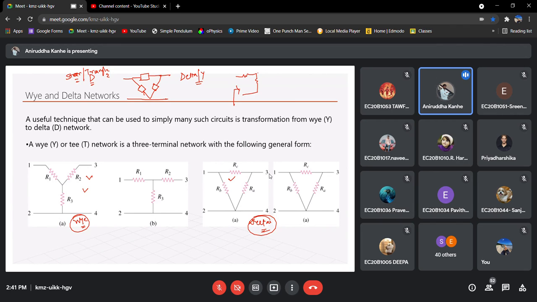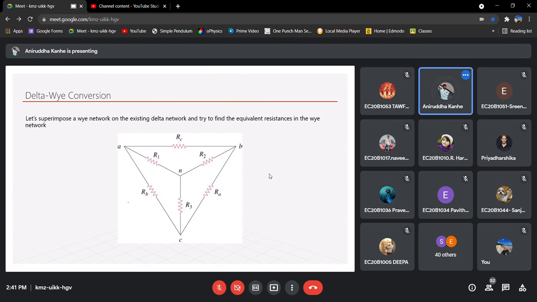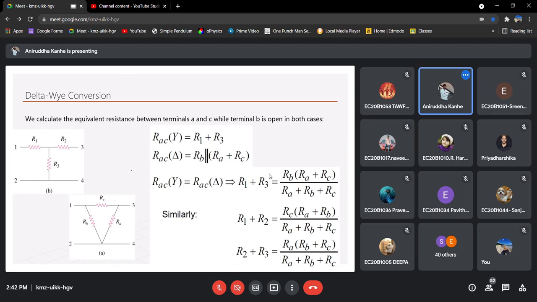You have some resistance connected in this way, and finally you have to calculate the value of resistance. That's what we have seen, but it is a very standard formation of circuit in which you will be getting delta and Y combination. So how to find this? This is one way of representing it. Doesn't matter. Since we want to find the equivalent circuit, I'll take this here.